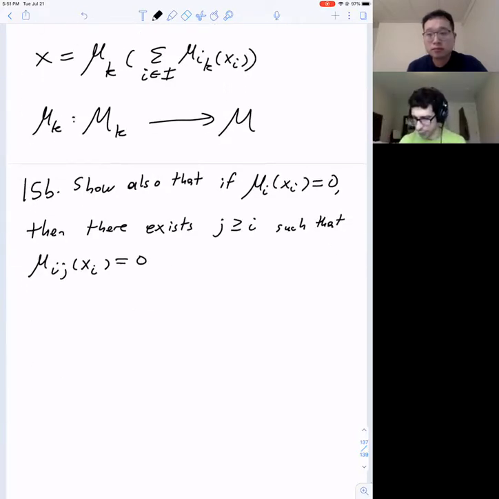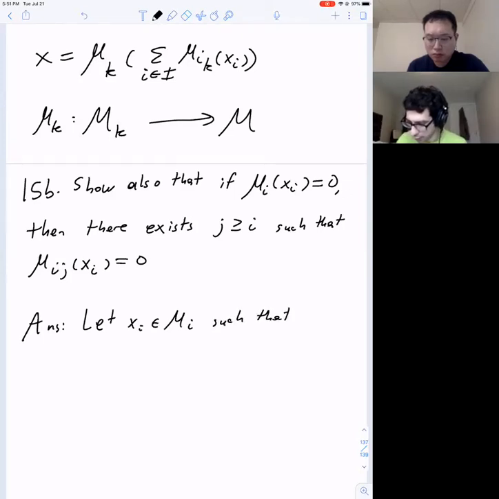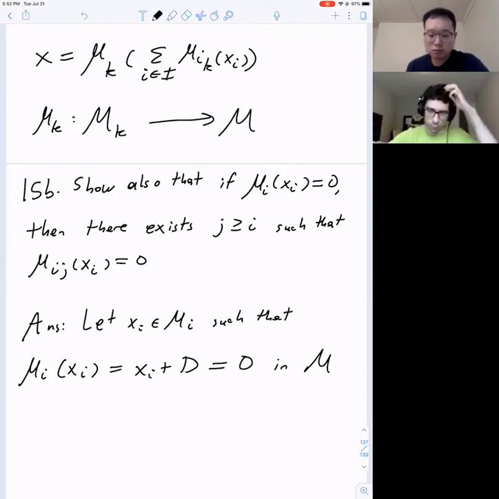So here it says let xi be in Mi such that mu i of xi, that is xi plus D, is 0 in M. So this is extremely technical, but I'll try to recreate it in a way that is a little bit clear.